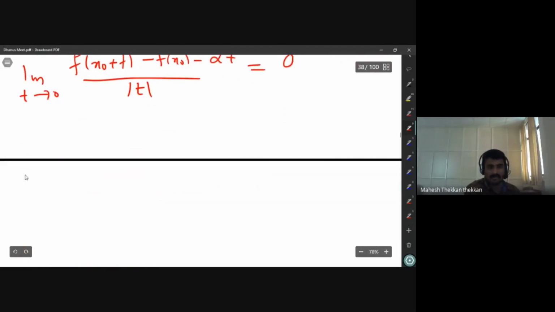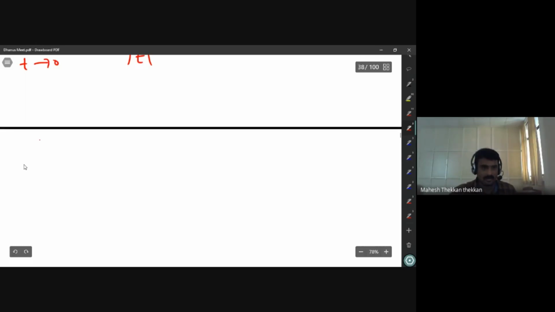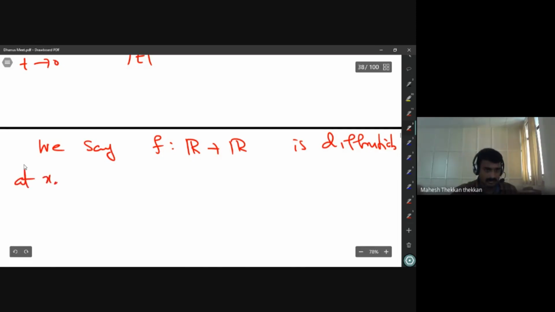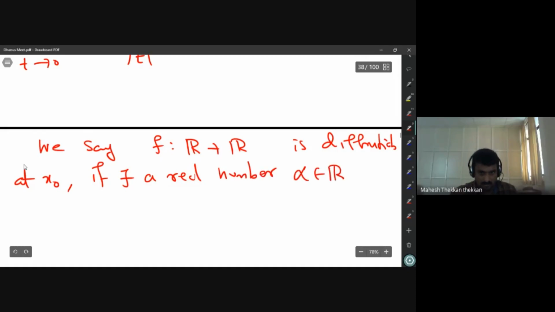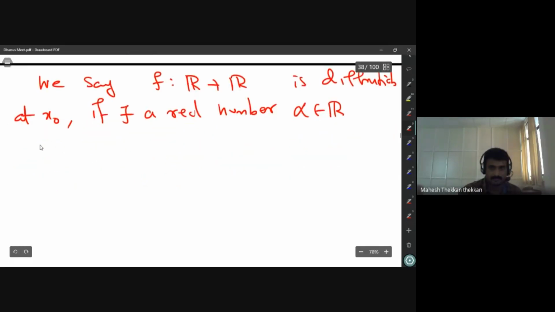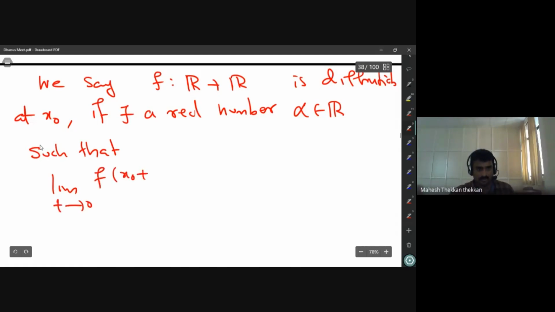We say f from R to R is differentiable at x naught if there exists a real number alpha belonging to R such that the limit as t tends to 0 of f of x naught plus t minus f of x naught minus alpha t, divided by mod t, happens to be 0.